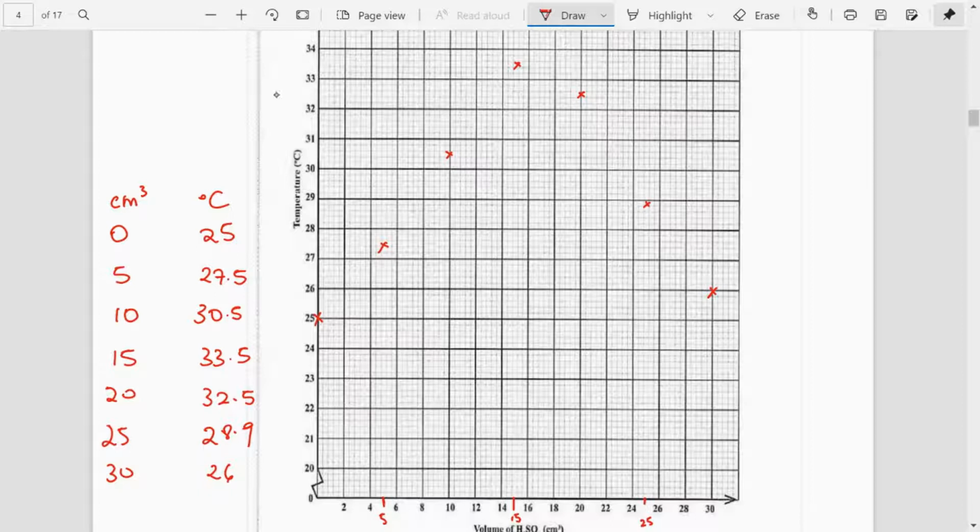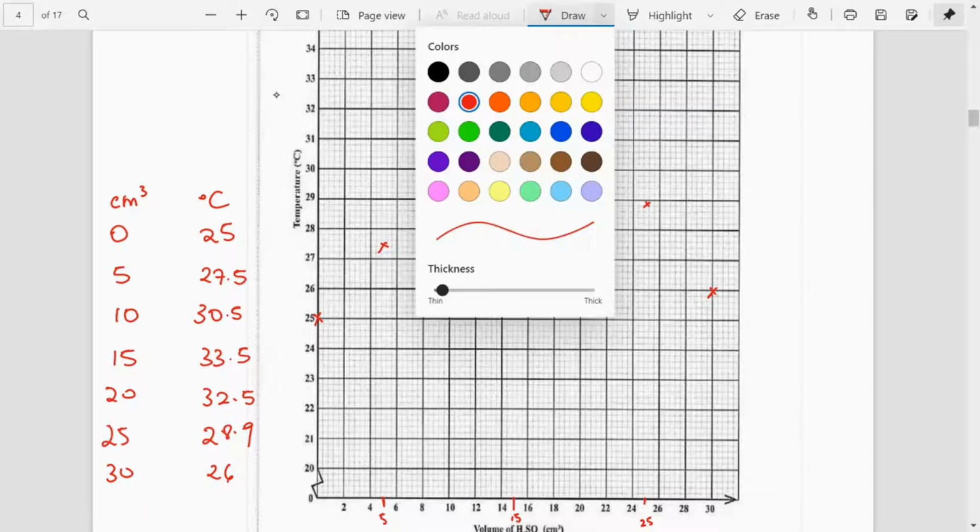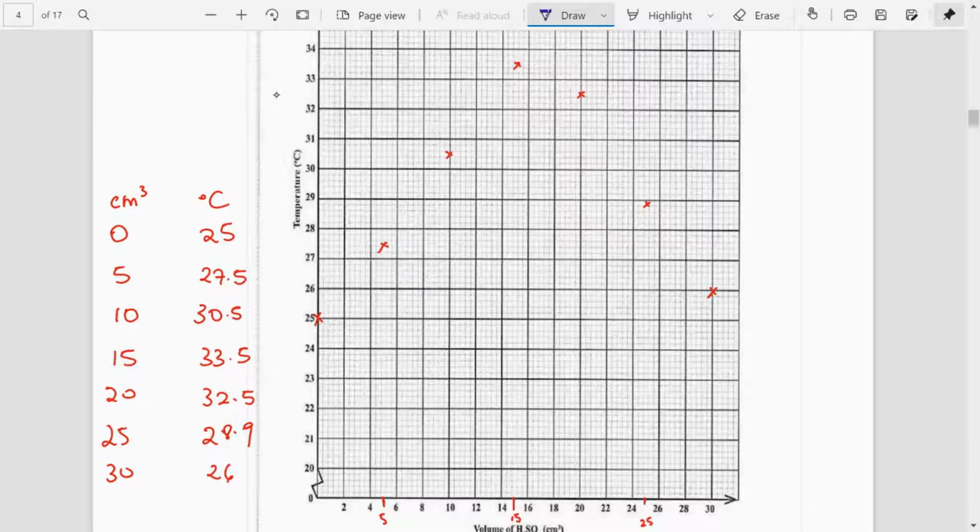So then it says to draw a line of best fit between where the temperature is increasing and also where the temperature is decreasing. So of course you use your ruler to do this. I'm going to try my best to do it freehand. Not going so great at first.